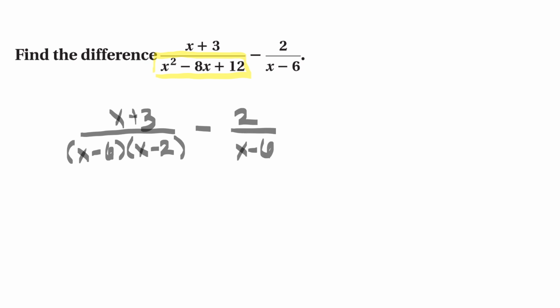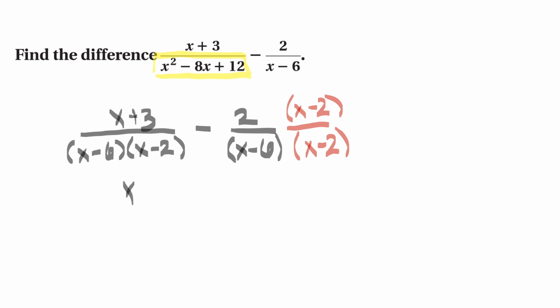So then we're going to continue going here. And hopefully you're noticing they have one factor in common, but they don't have the x minus 2. So that tells me I only need to change my second fraction, and I need to multiply both the numerator and the denominator by x minus 2 to create fractions that have common factors.